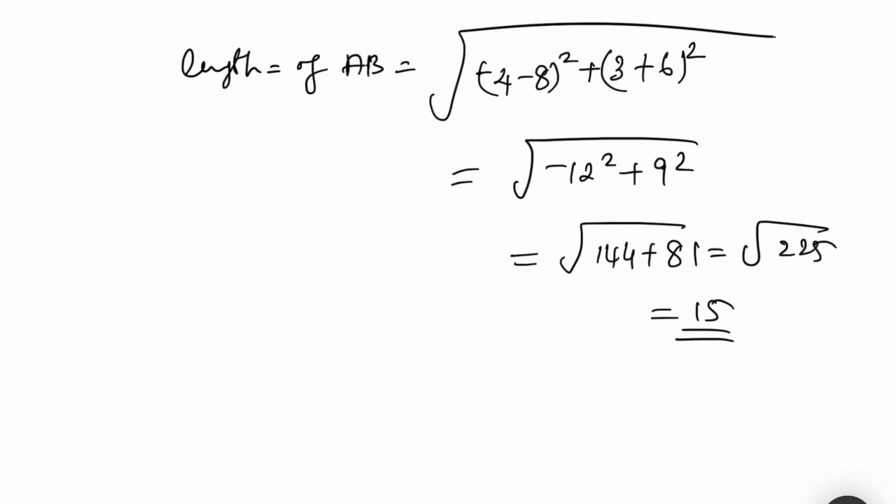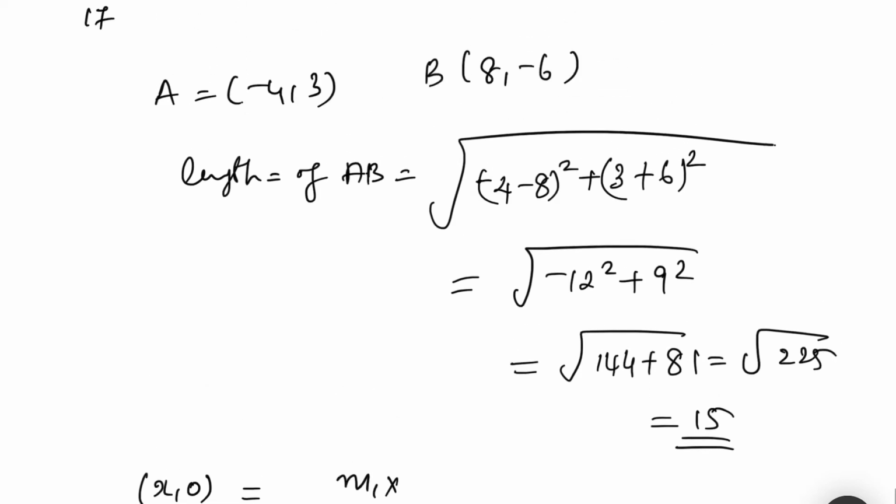Now in what ratio is the line joining AB divided by x-axis? So if it's x-axis you can take (x, 0), right? That will be equal to m1 into x2 we have, right?